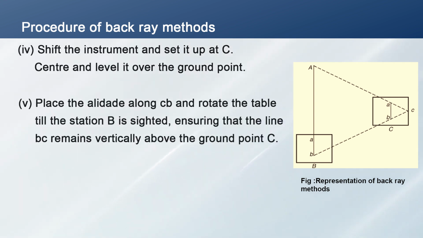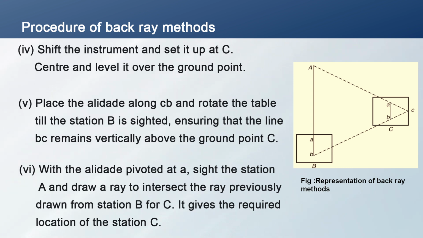Next, place the LED along small cb and rotate the table till the station capital B is sighted, ensuring that the line small bc remains vertically above the ground point capital C. With the LED pivoted at A, sight the station A and draw a ray to intersect the ray previously drawn from station B for C. It gives the required location of the station C, which is what we call the instrument station.